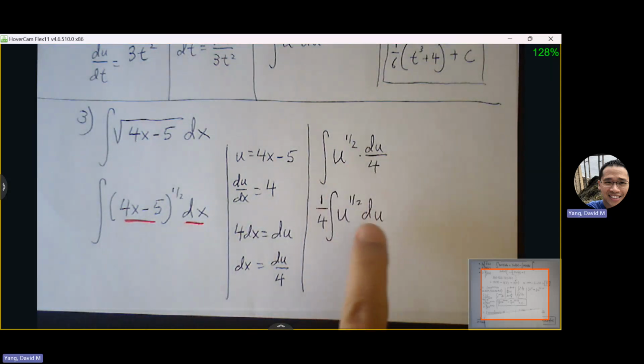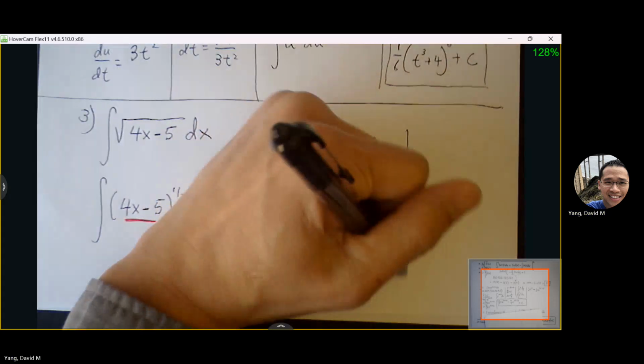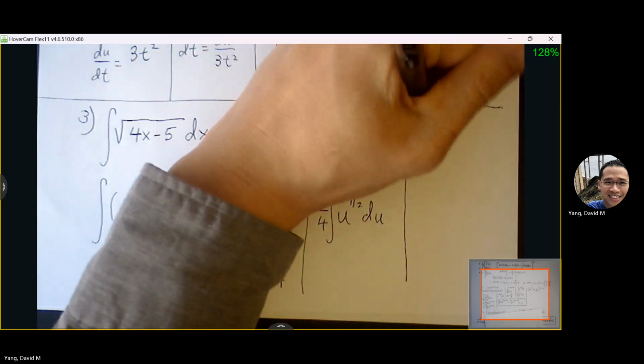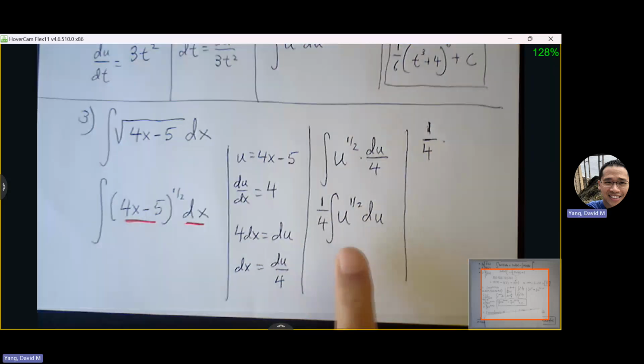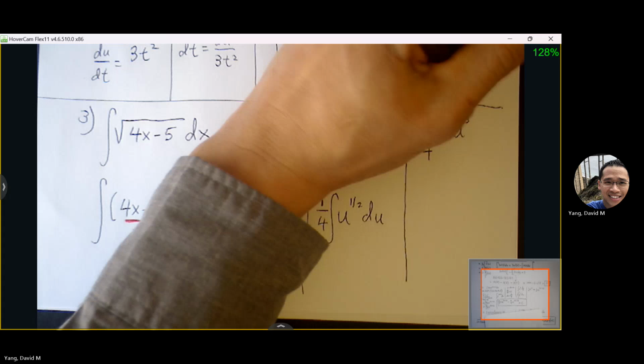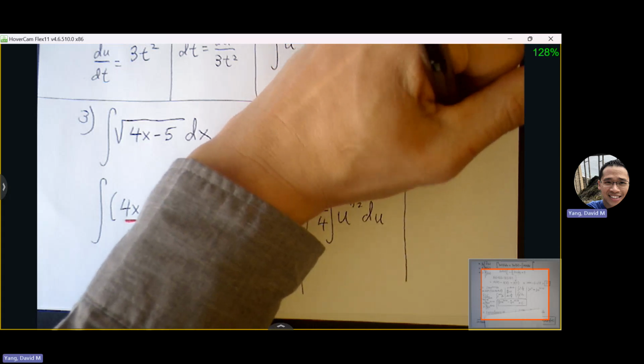So it should be recognizable as the power rule. Keep the 1/4, go through our power rule process, add 1 to the exponent, divided by the new exponent.